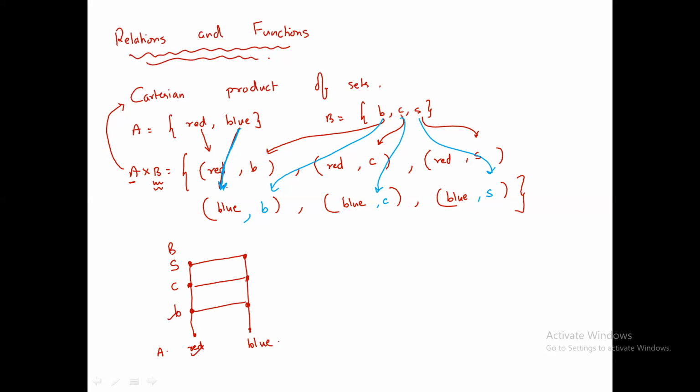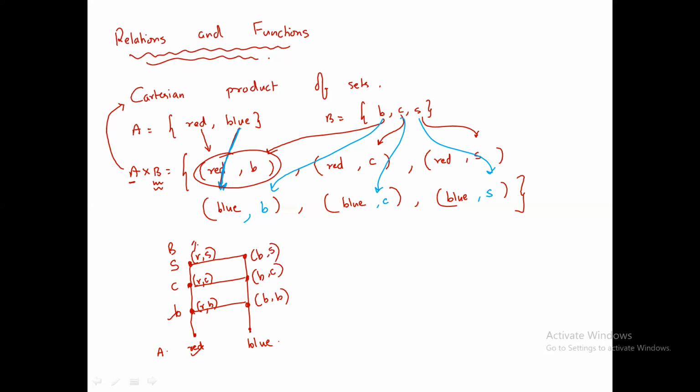Red and B, this one. This dot represents red and B. This dot represents red and C. This represents red and S. This represents blue and B, blue and C, blue and S.